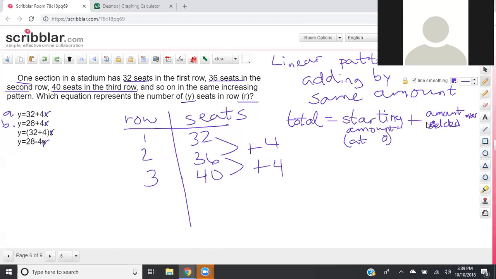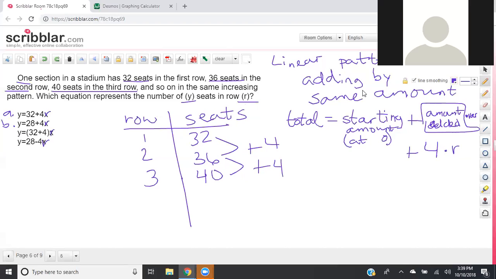One of the easiest ones to identify is the amount added. How much did we say is being added every time? Plus 4. Plus 4, and then it's times our variable, which should have been the letter R. I had originally had X's, but up here I said row R. So we know it's supposed to be plus 4R.